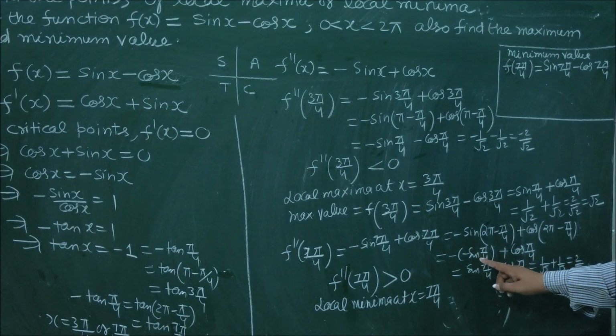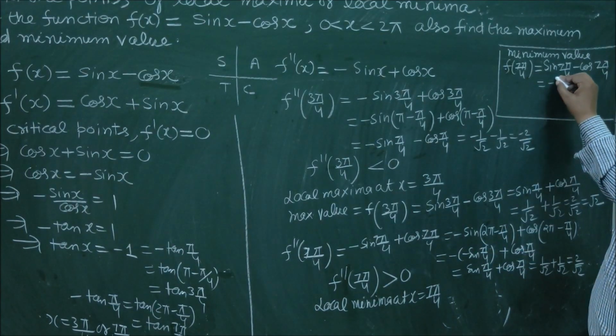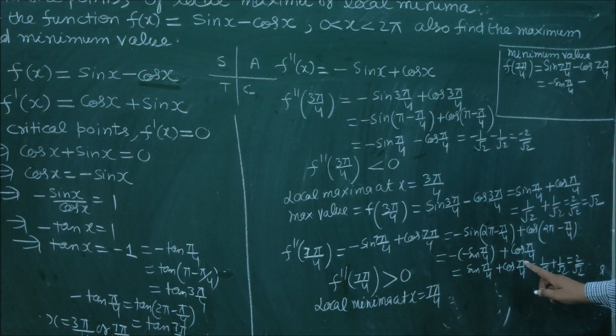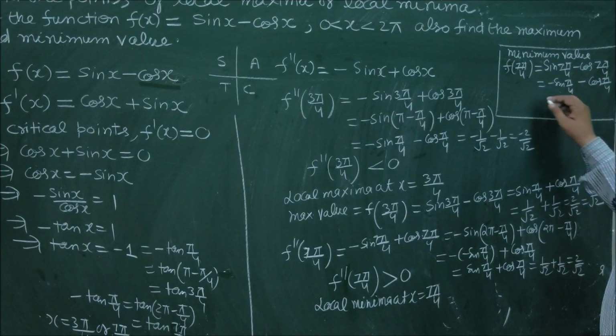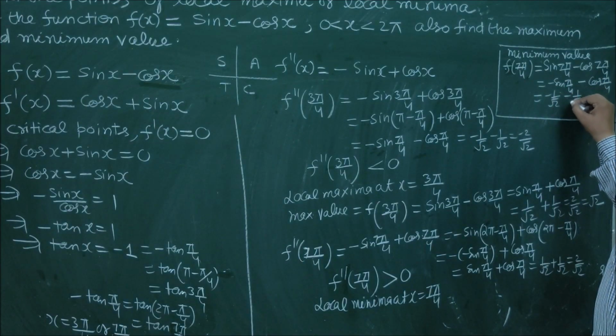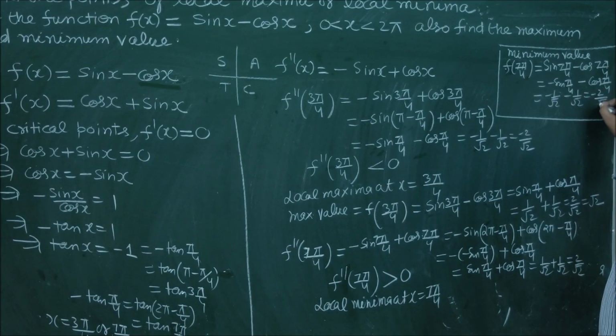This is equal to minus sin π/4 minus cos π/4, since cos 7π/4 is equal to cos π/4. So minus 1 upon root 2 minus 1 upon root 2 is equal to minus 2 upon root 2, which is minus root 2.